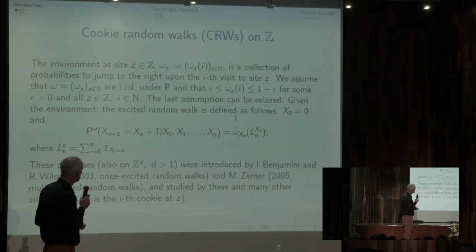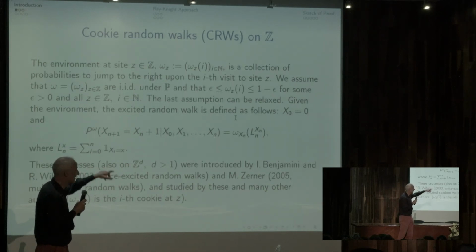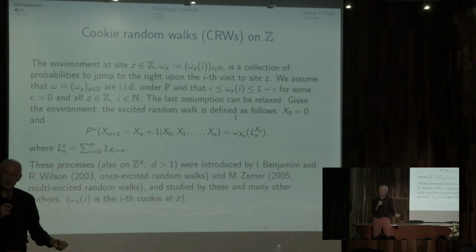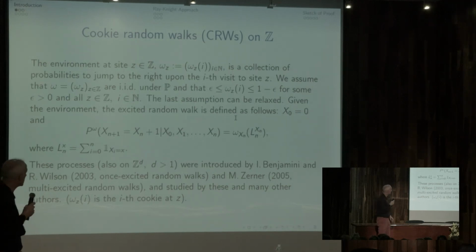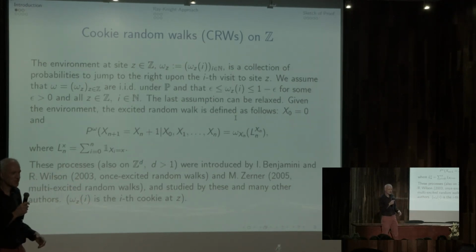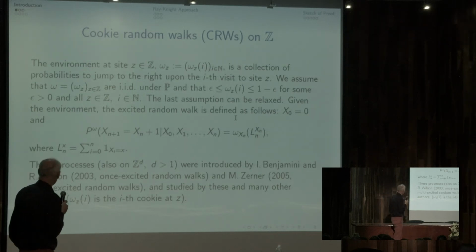The idea, and why it's called a cookie random walk, is that each of these values is a cookie. You have a pile of cookies. Every time you move, you eat a cookie, remove it totally, and then you move according to the value of that cookie. It's also called, which I like, Brownian motion, but that didn't catch on.